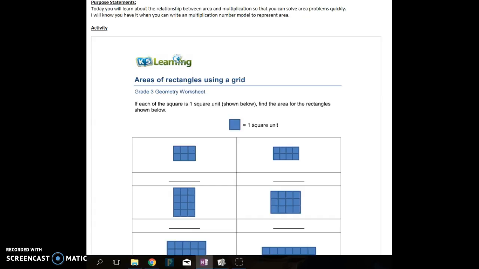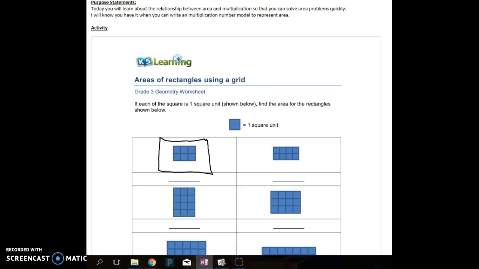So we're going to look at the first one, that upper left-hand corner. I know a lot of you can find the area. If I count the squares, it is 1, 2, 3, 4, 5, 6. 6 unit squares. I know you know that. But what I'm asking you to see is that it's also an array. And we know that arrays are in multiplication.